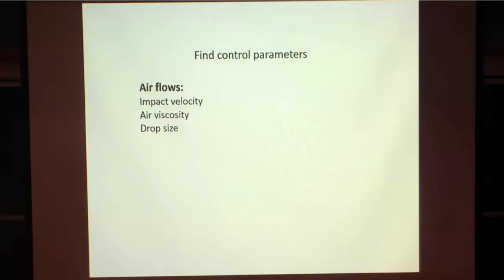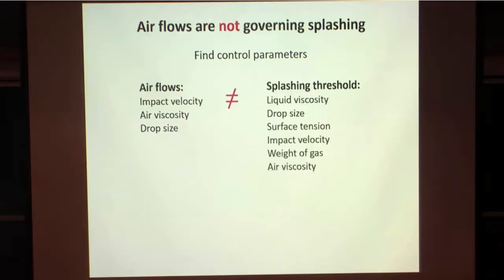But if we look at what actually are the parameters that set the disappearance of the splash at low pressures, they're much more complicated. Someone already made guesses that also the gas properties start to matter, right? The impact velocity, the surface tension starts to matter. The drop size starts to be important. Given that these are really different control parameters, we can essentially rule out that the disappearance of the splash is caused by these airflows.